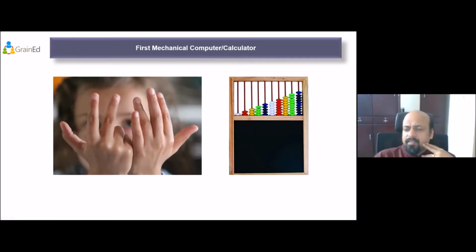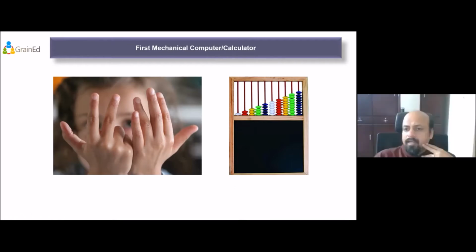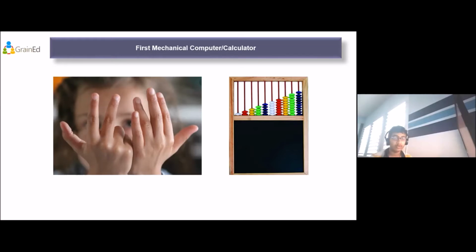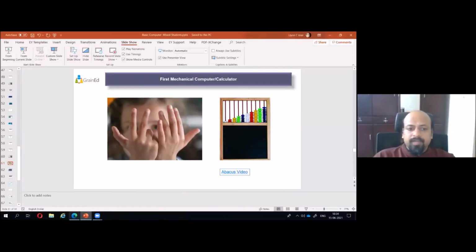Anyone played with it? Yes, sir. Dana knows. What about Gada, Abhirami? Have you done abacus? Manu, have you done abacus calculation? No, we haven't. So let's go to a video, okay? An abacus video.